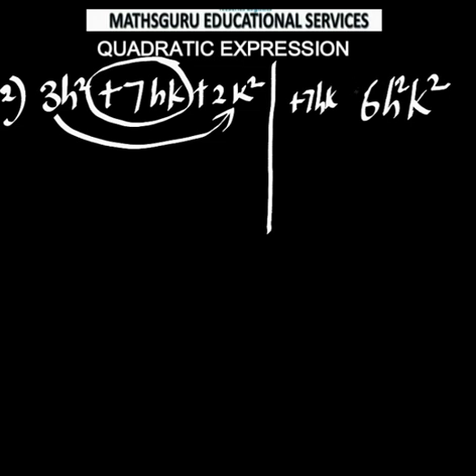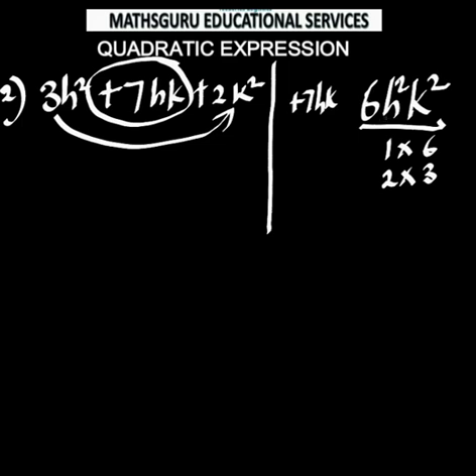Now, let's look out for the factors of 6. 1 times 6 itself. Then 2 times 3 will give us 6 as well. So the next will be 3 times 2, same thing. So 2 times 3 will give us 6.